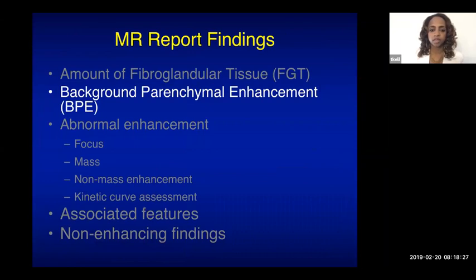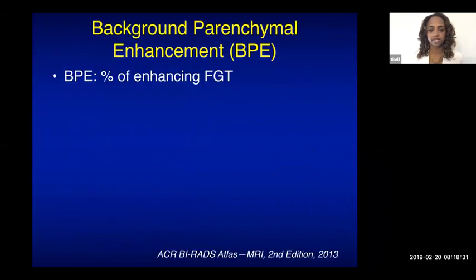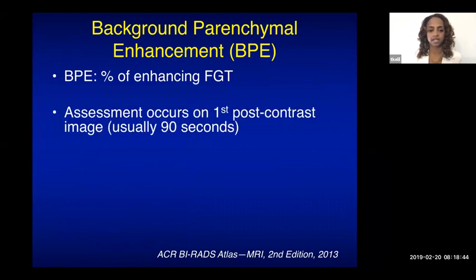After noting the amount of fibroglandular tissue, then you want to describe the background parenchymal enhancement, or BPE. BPE describes the percentage of enhancing fibroglandular tissue. So in relation to the rest of the surrounding normal breast parenchyma, how much is the fibroglandular tissue enhancing?